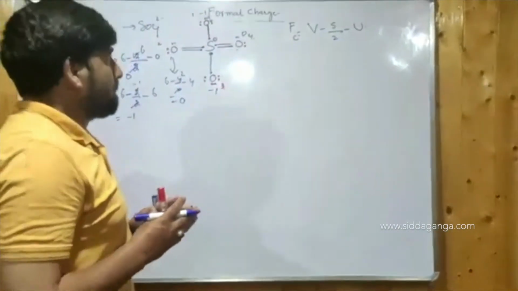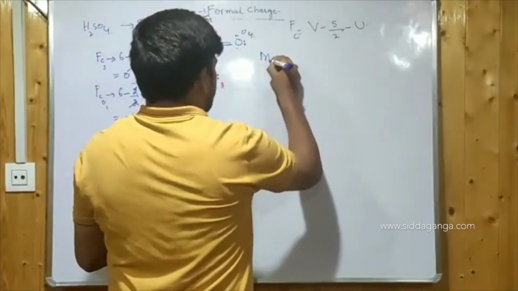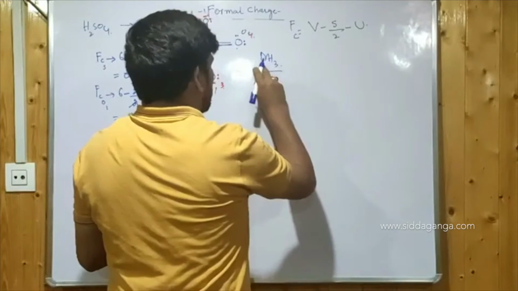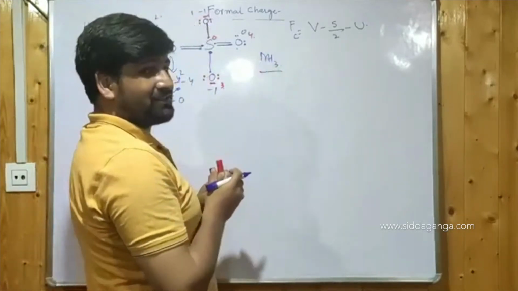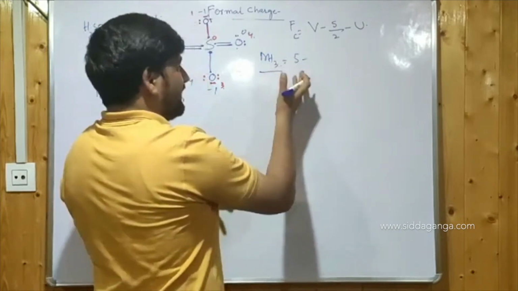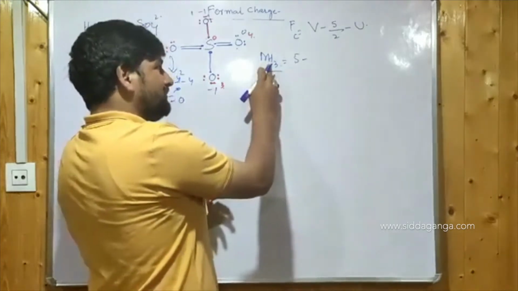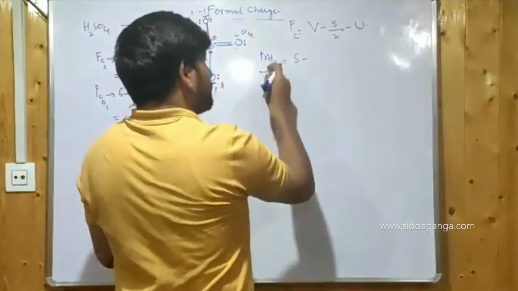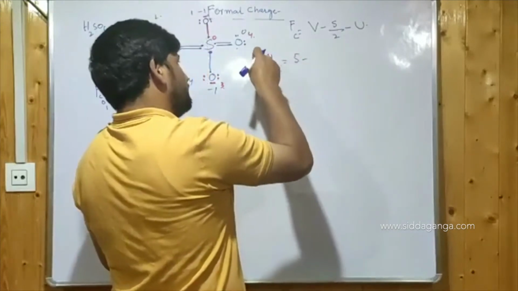Right. Now, if we want to find out a general molecule, we have NH3. We want to find out the formal charge of nitrogen. Nitrogen has how many valence electrons? 5. So I'll write 5 minus. How many are shared? Because there are 3 monovalent atoms, 3 bonds, so the total number of electrons shared will be 1, 2, 3, 4, 5, 6.